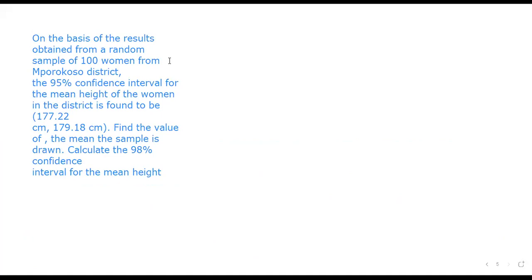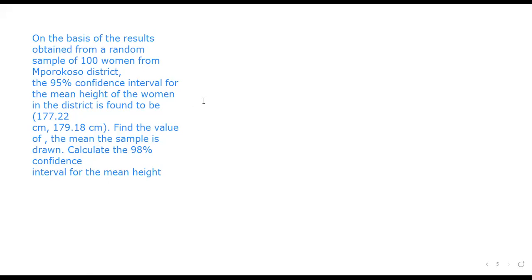An exam type question. On the basis of results obtained from a random sample of 100 women from Porokoso district, 95% confidence interval for the mean height of women is found to be 177.22 and 179.18. Find the value of the mean. Calculate a 98% confidence interval.